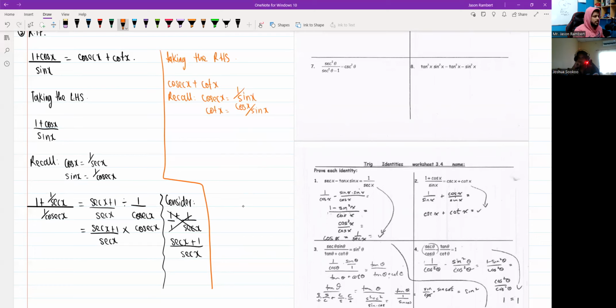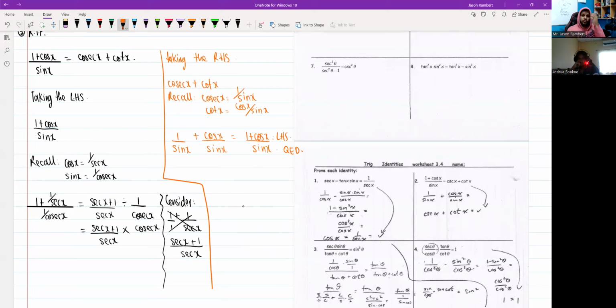This fella here is going to be 1 over sine x plus cosine x over sine x. The denominators are the same, so I get (1 plus cosine x) all over sine x. Yeah? Now, that is equal to the left-hand side, QED. The orange was considerably easier.